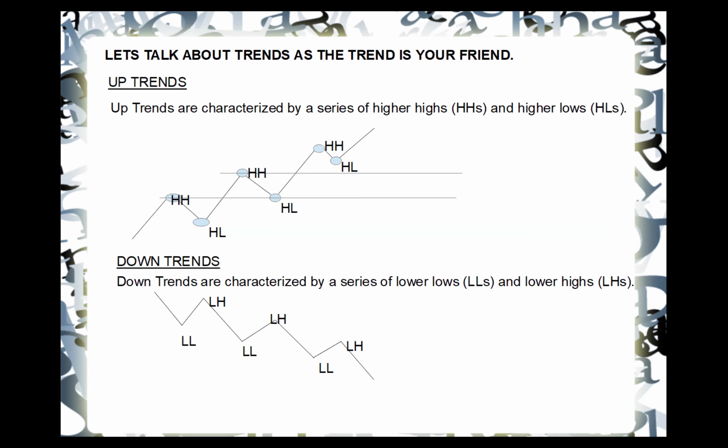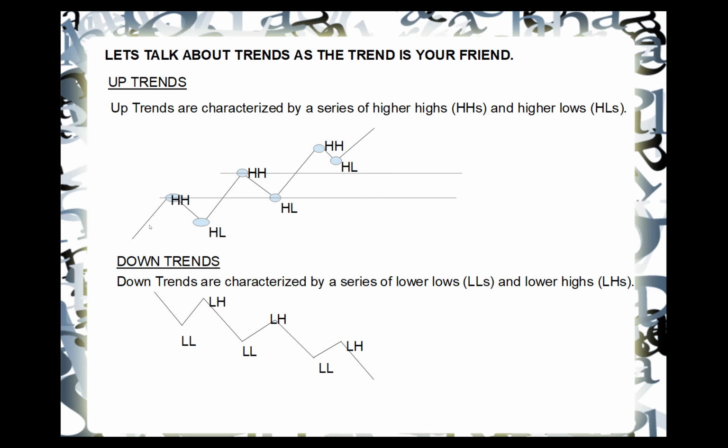Okay, so before we continue looking at Google's chart, let's talk about trends and what makes a trend. There are 2 types of trends that we can have: uptrends and downtrends. Uptrends are characterized by a series of higher highs and higher lows.